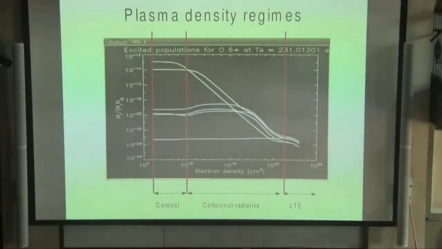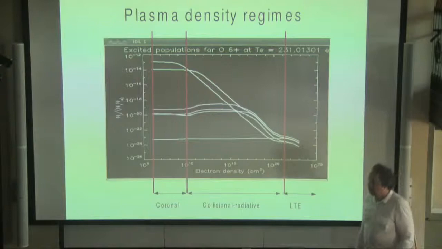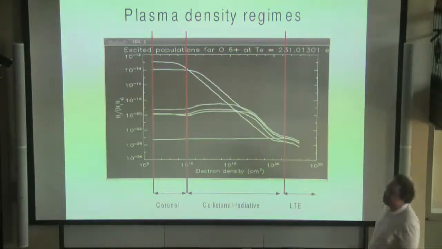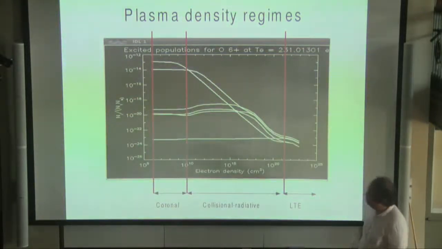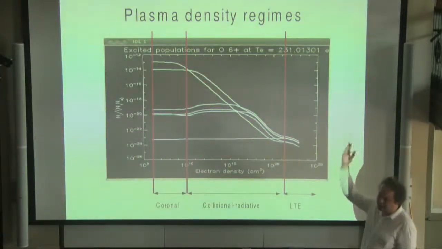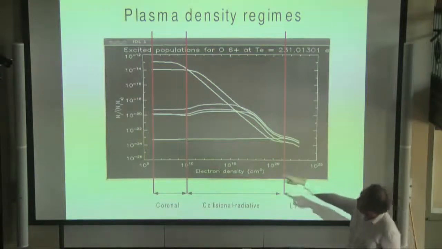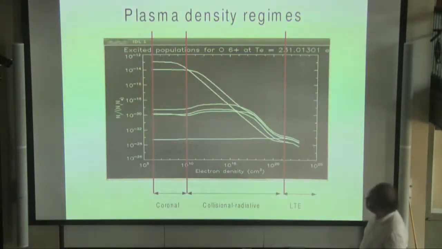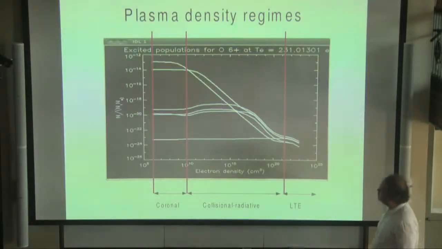Of course, what regime should we be focusing on? At low temperatures or lower densities, we can get away with the coronal approximation, where we essentially have an excitation rate up and an A value down. On the y-axis, we have the population of an excited state over the ground state population.